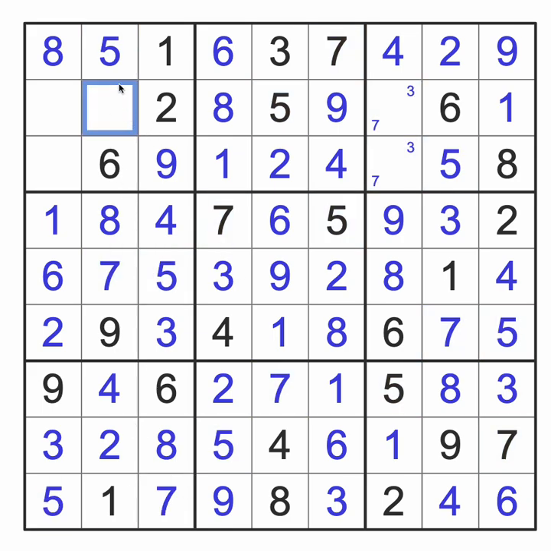The last number here on this column is 3. So this is 7, this is 3. Now this is 7, and this is 4.